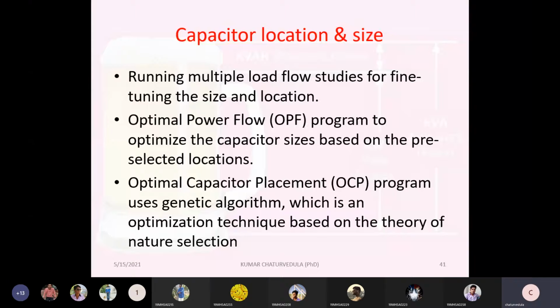In that way we do capacitor placement using the genetic algorithm. These topics will be dealt with in your power systems and load flow analysis course, where genetic algorithm and power flow methods are discussed. As far as our discussion is concerned, we are not bothered about these power flow algorithms.